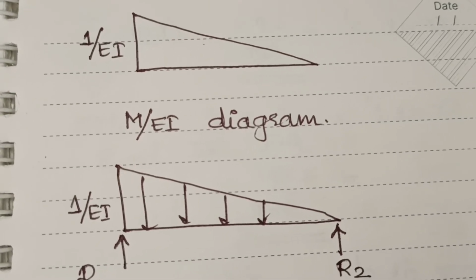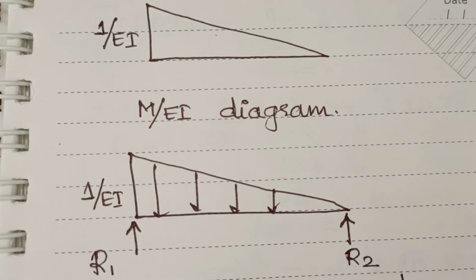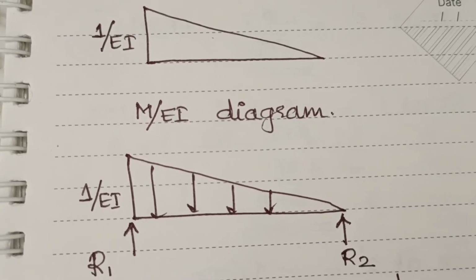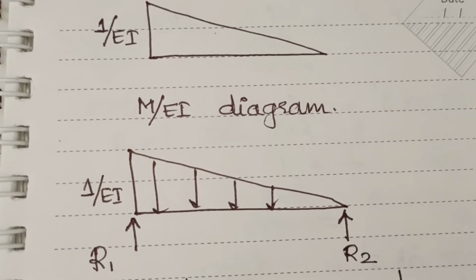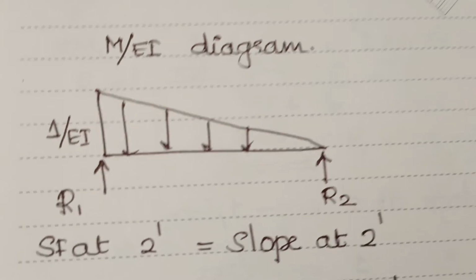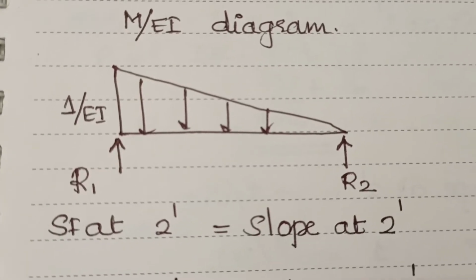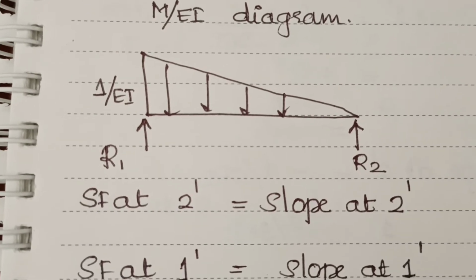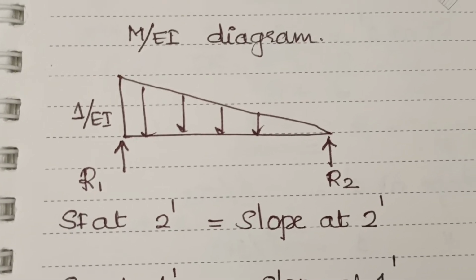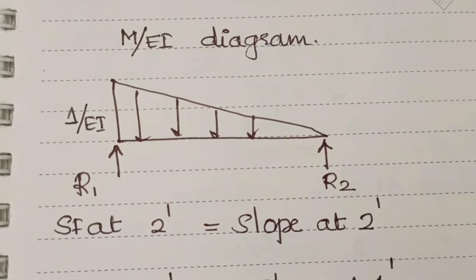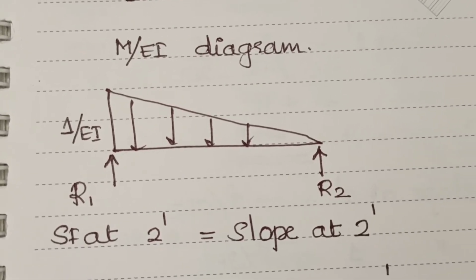To get the conjugate beam of the real beam, we need to load the beam with M by EI diagram, that is triangular shape loading, with maximum value 1 by EI. Since the supports are simply supported, there is no change of support conditions.